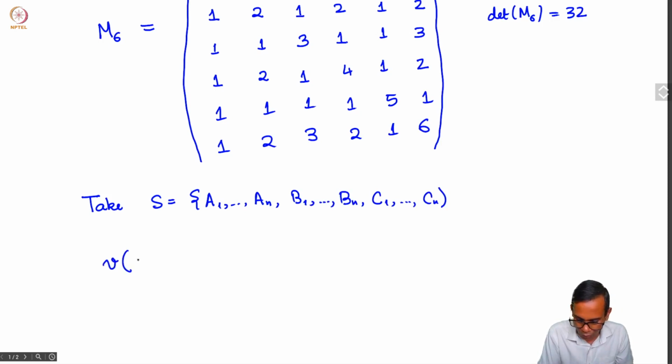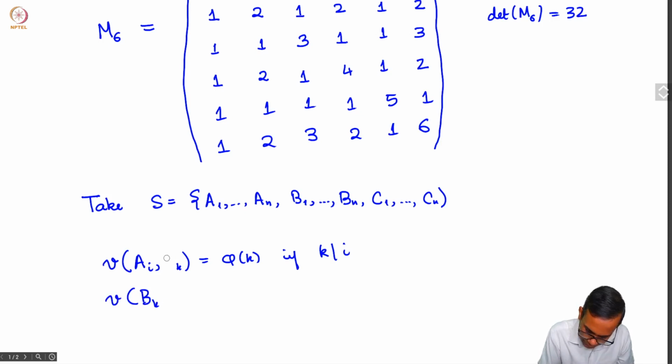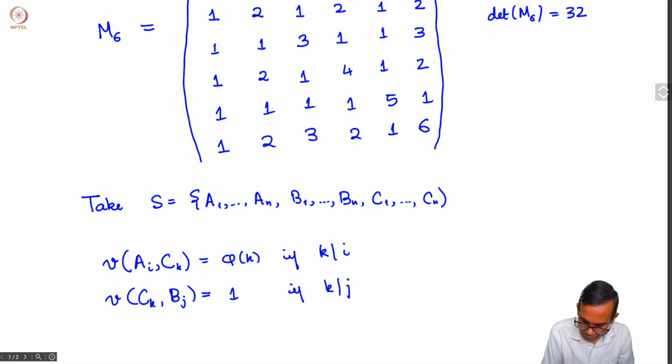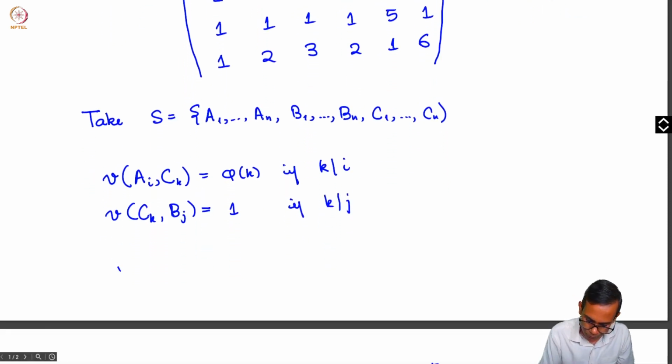We'll define the weight of (A_i, B_k) to be equal to phi(k) if k divides i. We'll define the weight of (C_k, B_j) to be 1 if k divides j, and all other weights we'll take to be 0.